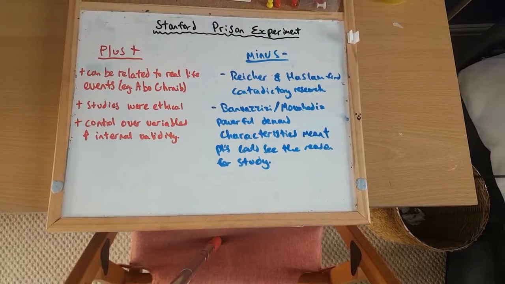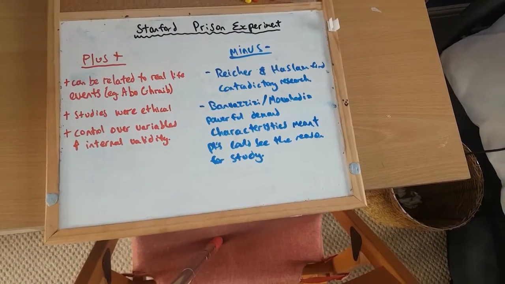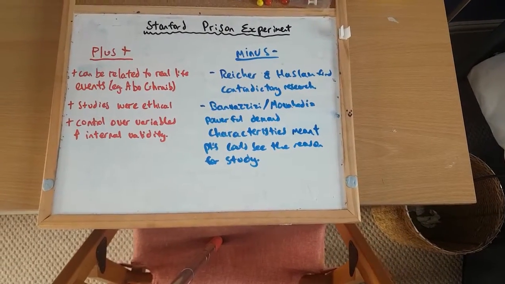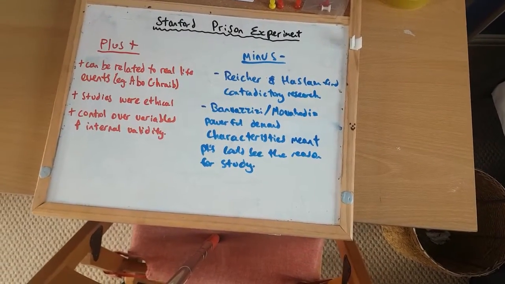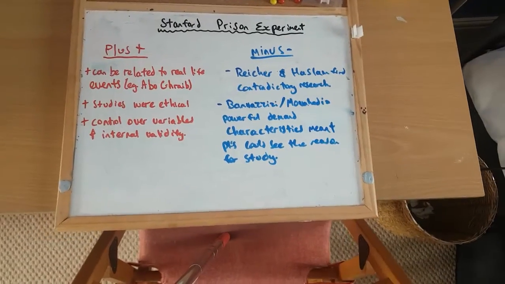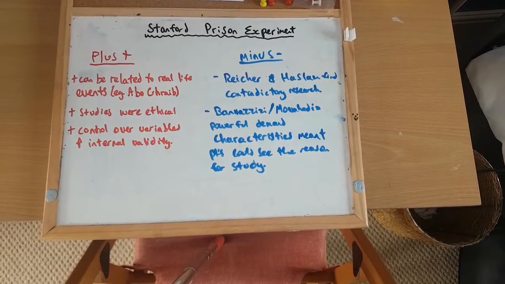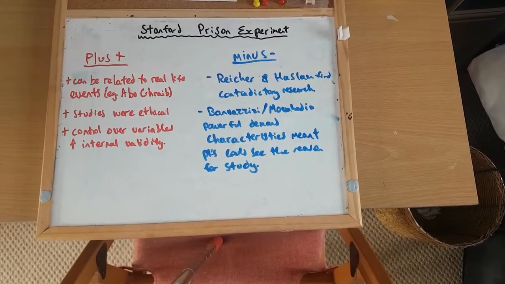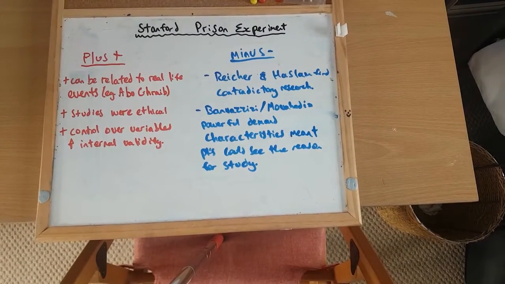Studies were ethical. Now, this is a massive thing about the Stanford prison experiment. Lots of people think it isn't ethical, but it is, and this is because Zimbardo followed the key rules. The prisoners consented to this. They were volunteers.